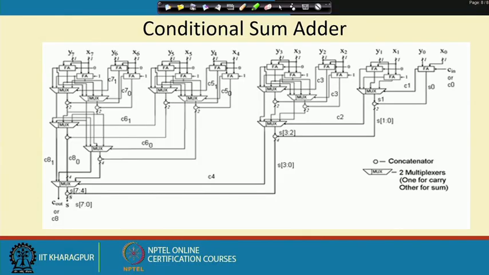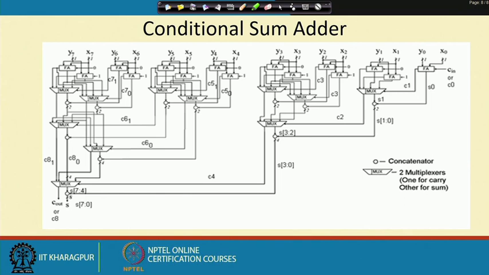But I am getting the benefit in terms of delay, at what cost? I am putting extra hardware, that means extra multiplexers in this circuit, so that I am making it redundant.